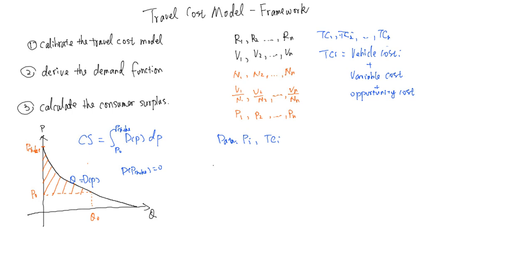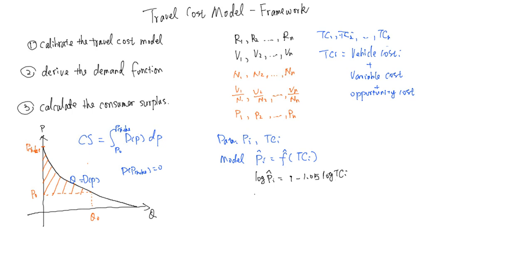So you want to fit a model that gives you, given a specific travel cost, the probability that they will actually go there. Hypothetically, let's say the model is something like I fit a log model, and now I want to calibrate the demand curve.